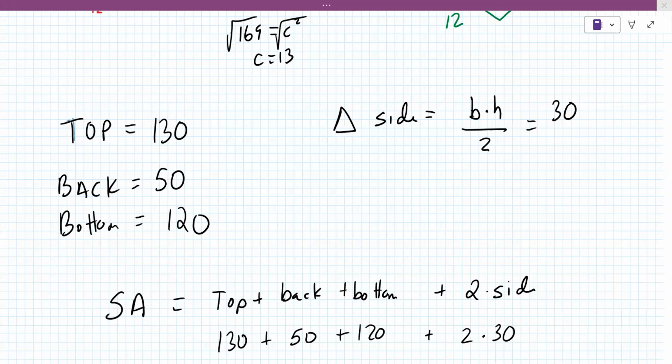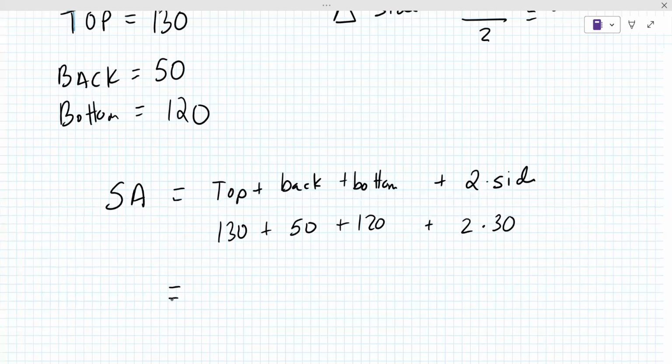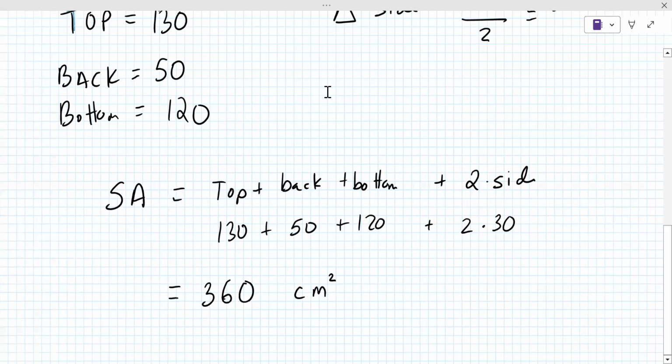It is 360. Very good. Now, the only thing we're missing is the units of measure. 360 centimeters squared. You got it. Well done. And that's the final answer?